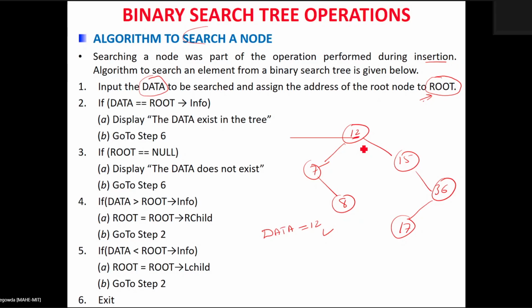When the searching is successful, we can display the message that the data exists in the tree, and after that you are going to terminate the process. That is, in one go, in the first iteration itself, we are able to find the desired number 12. That is the first case.